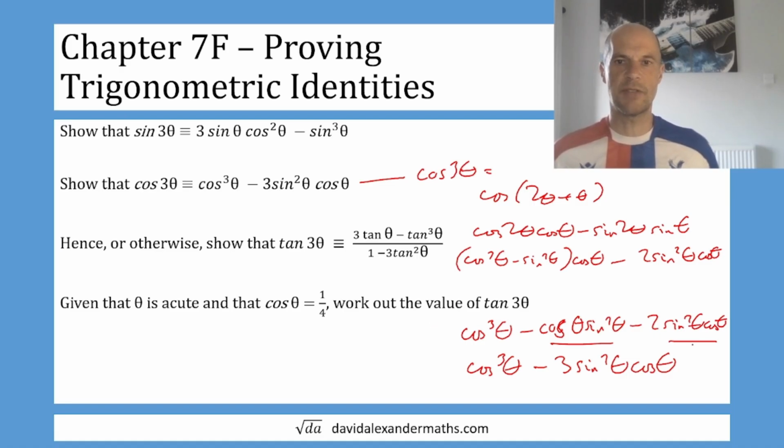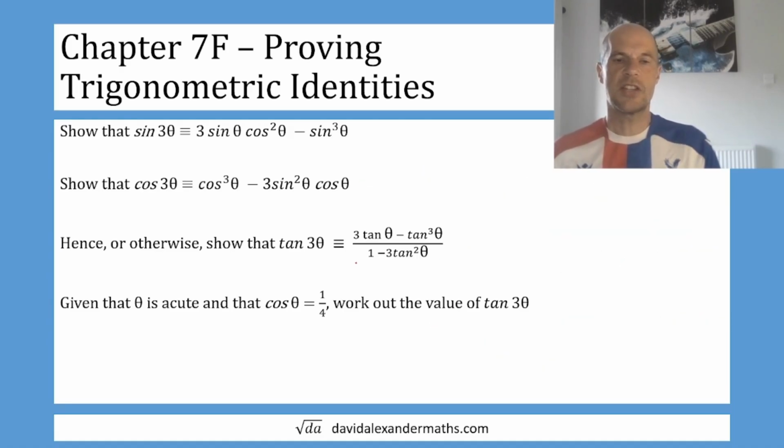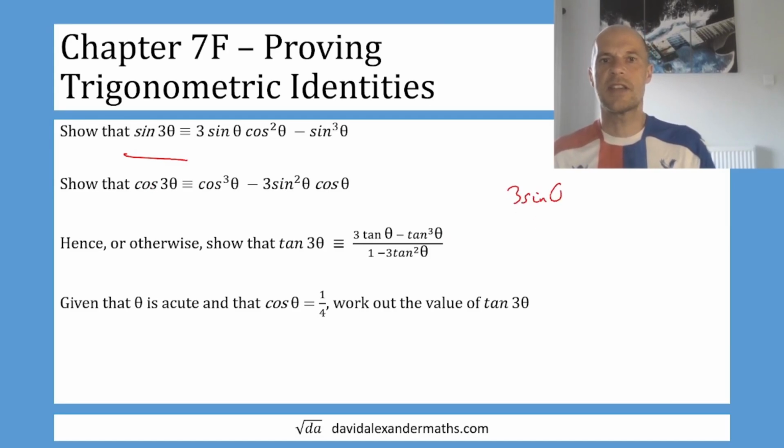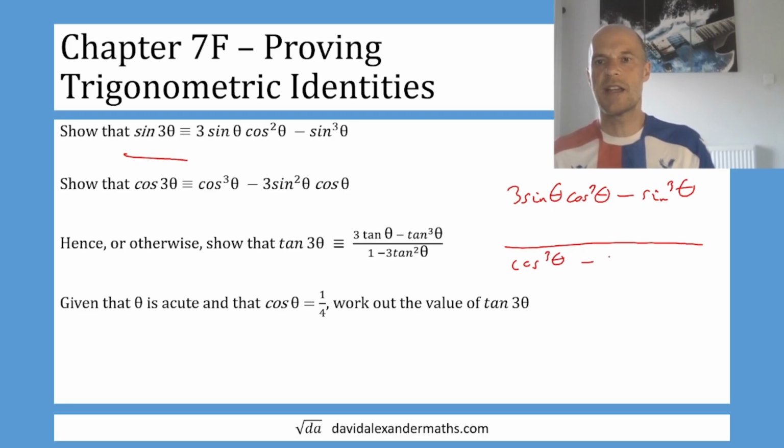Again, I'm just going to delete everything now. Okay, so for this last part, we need to show the tan of 3 theta. Well, the tan of 3 theta, that's going to be the sine of 3 theta over the cos of 3 theta. In other words, it's going to be 3 sine theta cos squared theta take sine cubed theta, I'm going to leave a bit of a gap here, divided by cos cubed theta, take away 3 sine squared theta cos theta.